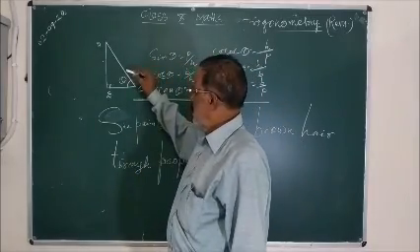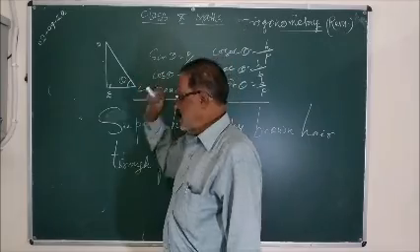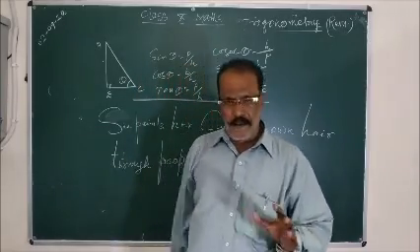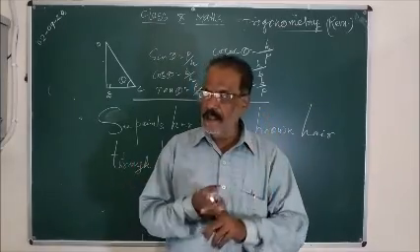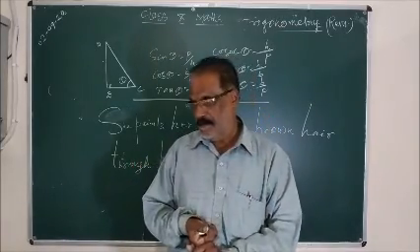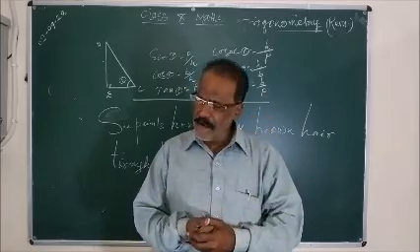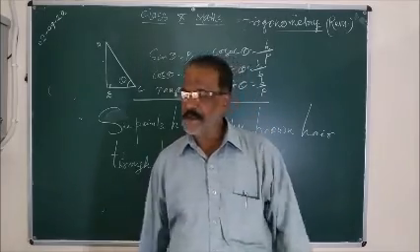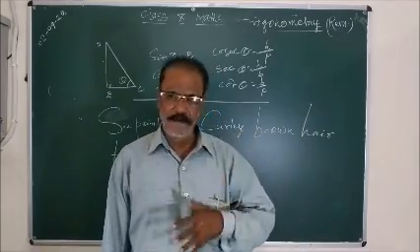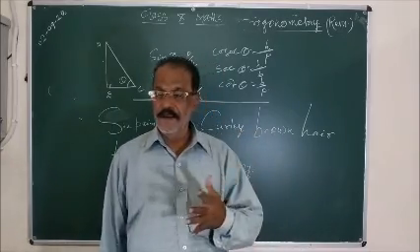And one thing more, we should limit ourselves to angles between 0 and 90 degrees, because the ratio can be defined for angles more than 90 degrees, but that is for higher classes, 11 and 12.